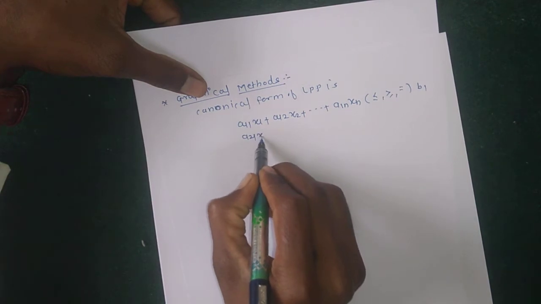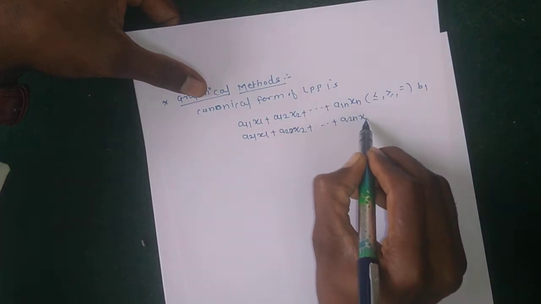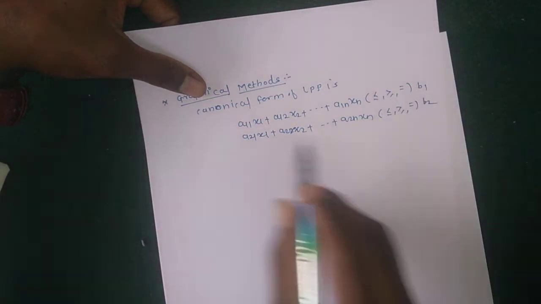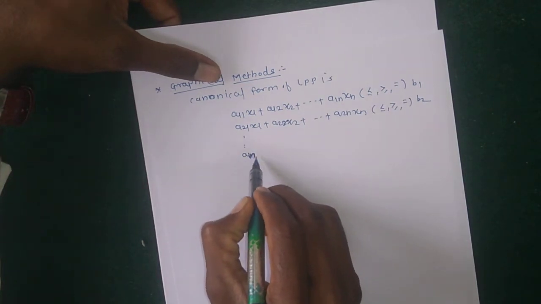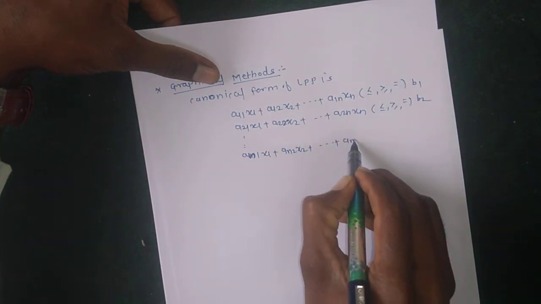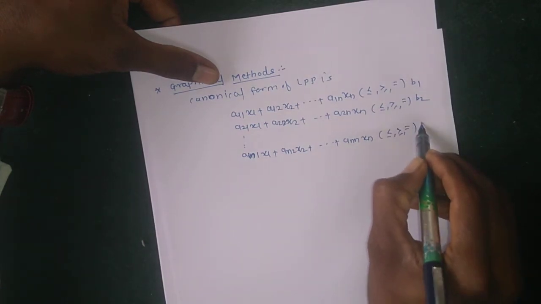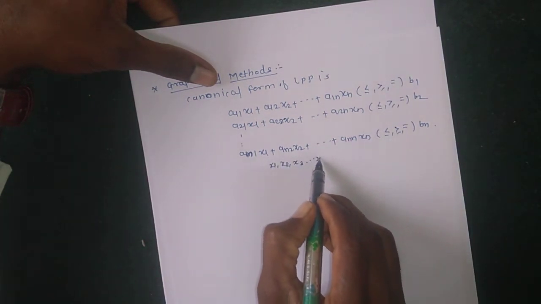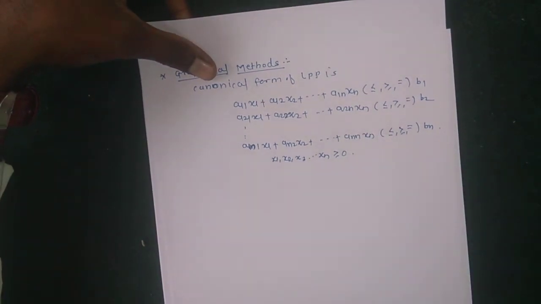Then a21x1 plus a22x2 plus so on a2n xn, also less equal, greater equal or equal to b2. In this way an1 x1 plus an2 x2 plus up to ann xn, less equal, greater equal or equal to bn. And x1, x2 up to xn are all greater equal 0. This is the non-negativity condition.